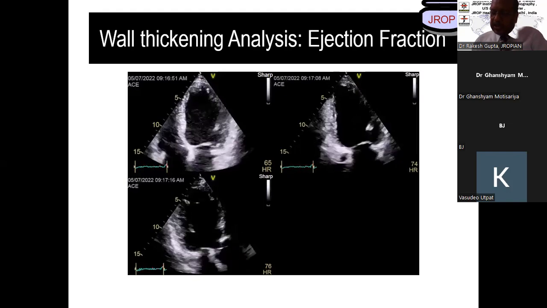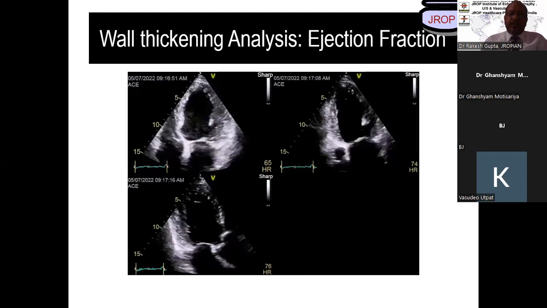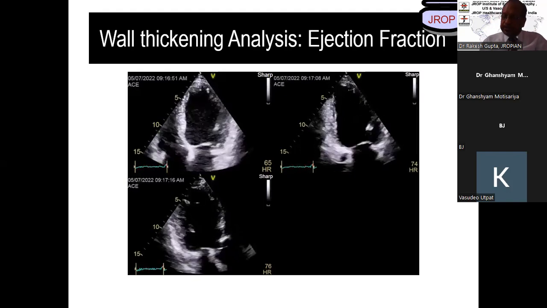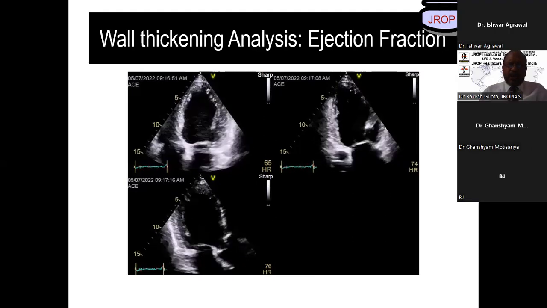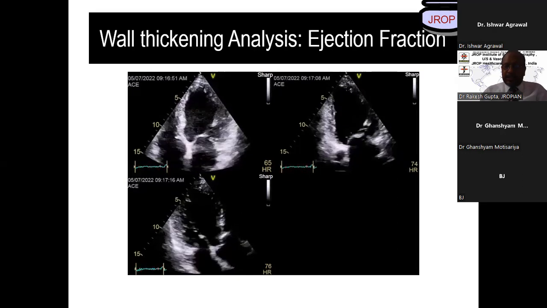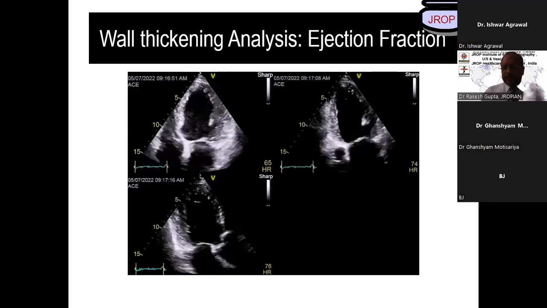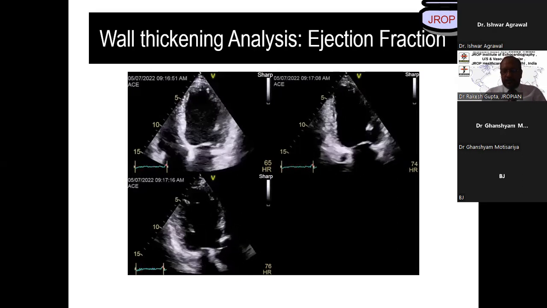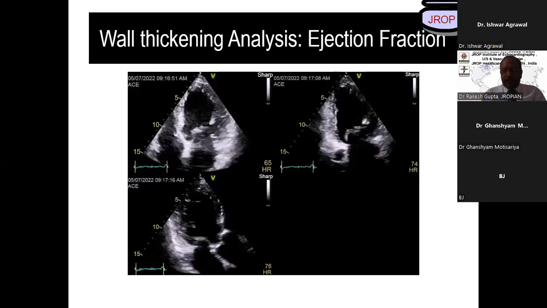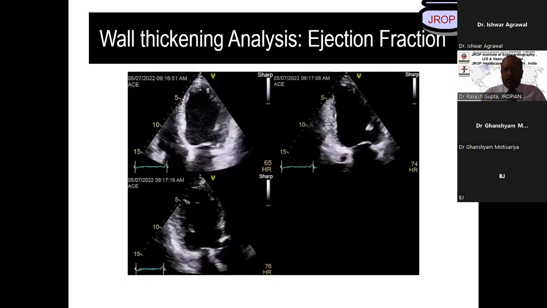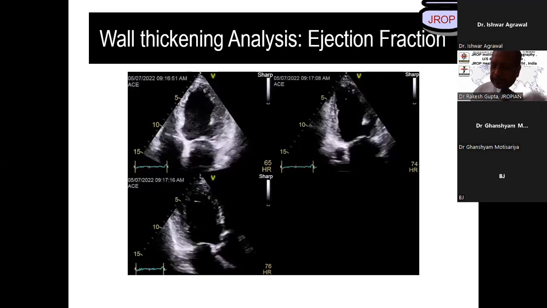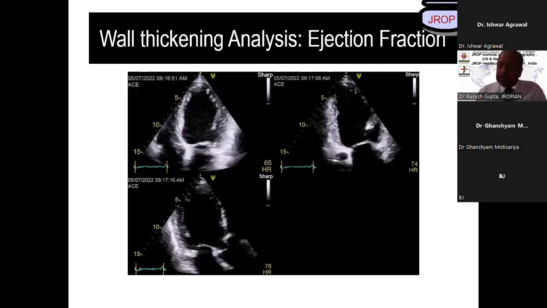After this, Dr. Rahul Kenkan. Rahul, are you there? Yes, sir. Rahul, what exactly ejection fraction will you expect in this patient? Sir, around 30 to 40, sir. No. Eyeballing 32?